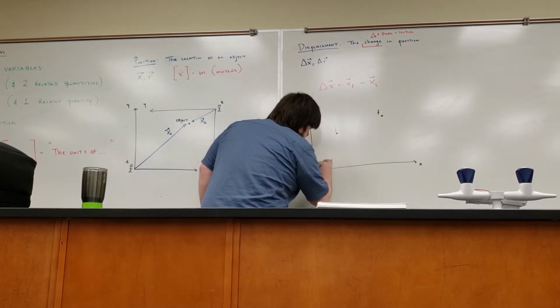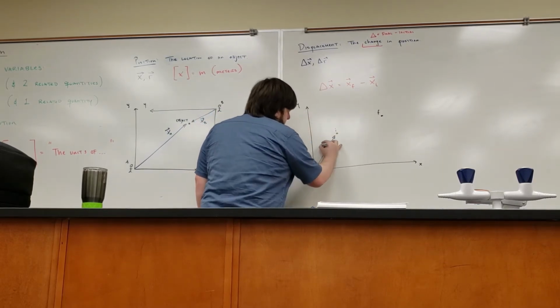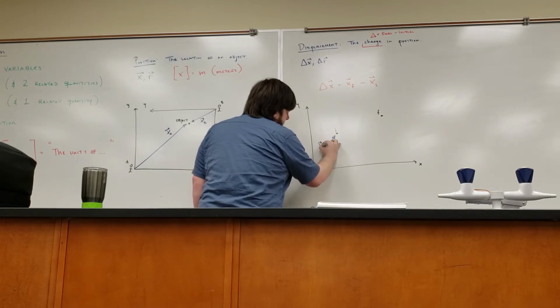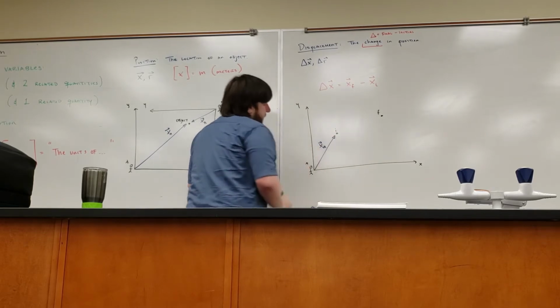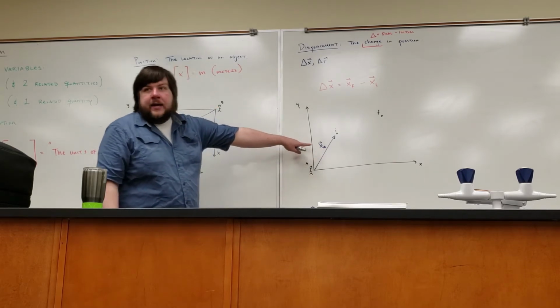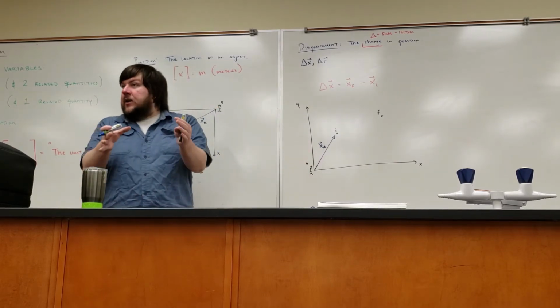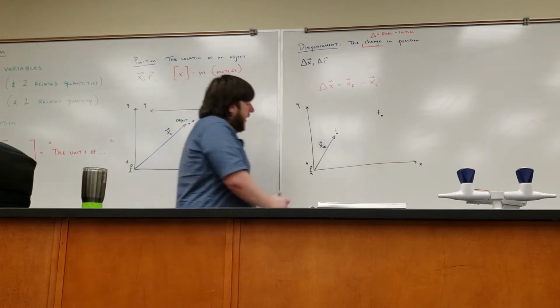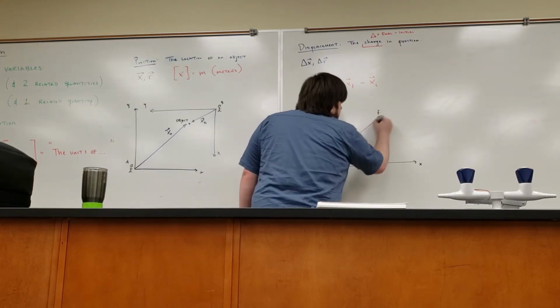Alice's initial position would look like this. This would be x initial for Alice. So I put the subscript I and a subscript A, just to denote that that's the initial for Alice. Okay? And then Alice would measure a final position.